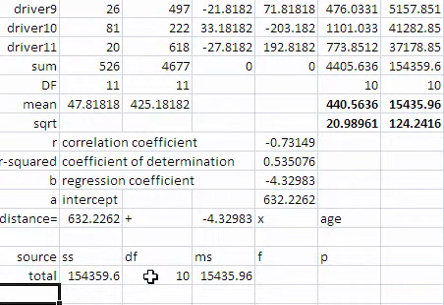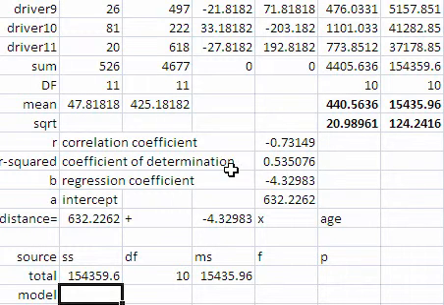And the sum of squares explained by our linear model is r squared. R squared is 53%. 53% of the total sum of squares is explained by our linear model. Distance equals 632 minus 4.32 times age.